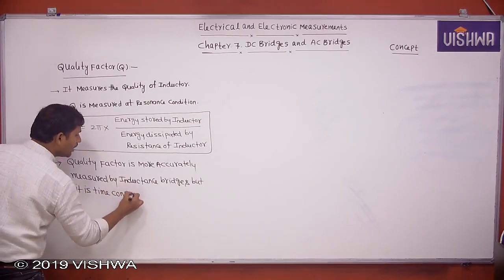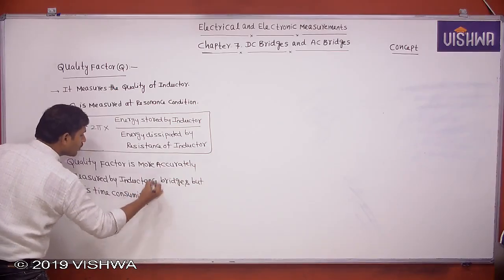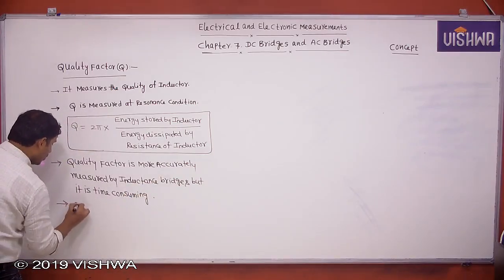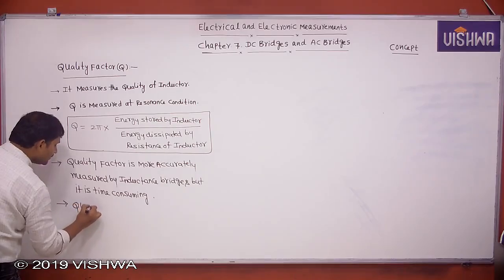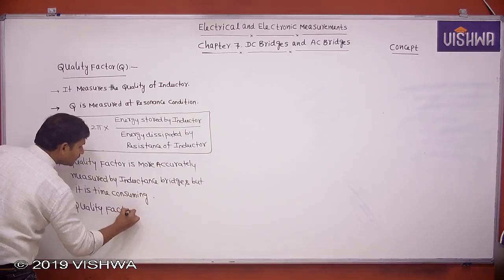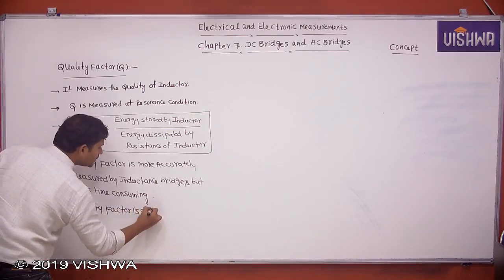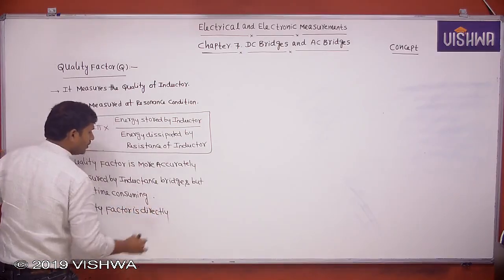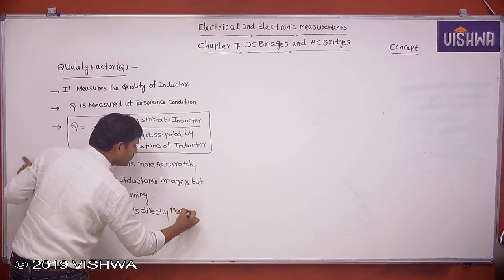That is the drawback of using bridges to measure the quality factor. And quality factor is directly measured by the Q meter, that I already discussed. Quality factor is directly measured by which one?